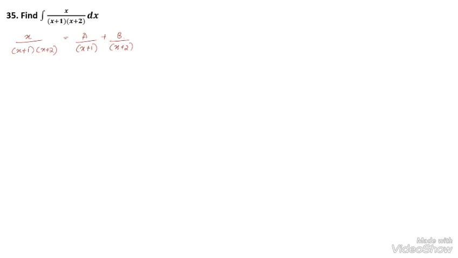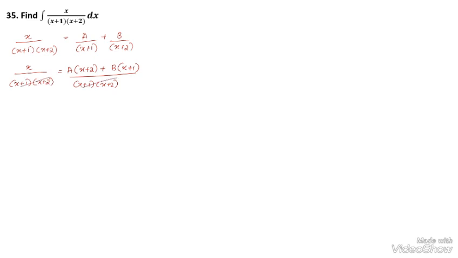So I can take the cross multiplication here. It becomes x divided by (x plus 1)(x plus 2) is equal to a into (x plus 2) plus b into (x plus 1), divided by (x plus 1)(x plus 2).